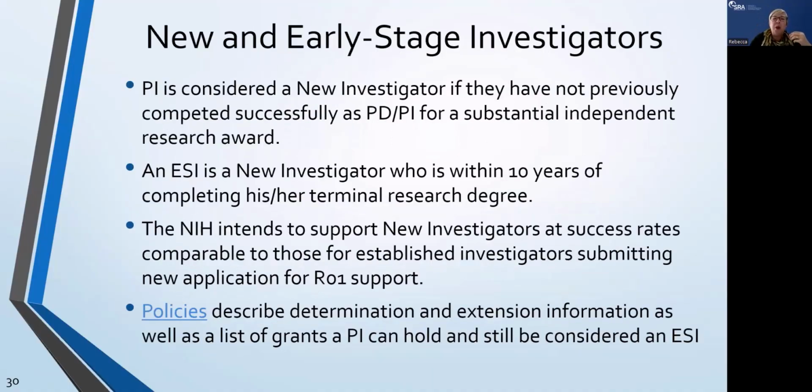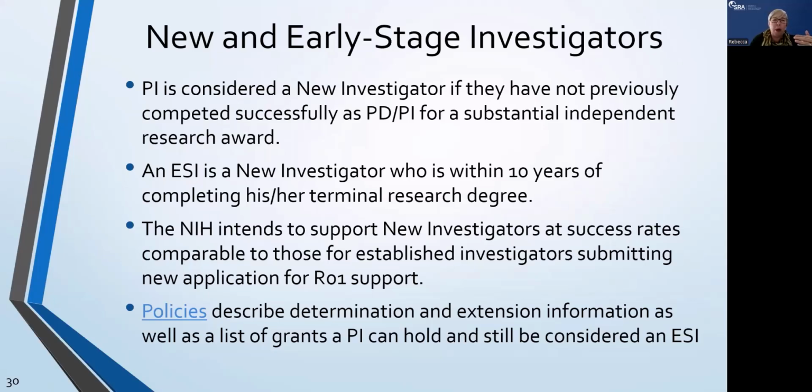To know that new and early stage investigators have special status: a PI is a new investigator if they've not previously been the PI on an independent research award. You say, what's an independent award? Well, a small award like an R21 or an R03 is not considered substantial.